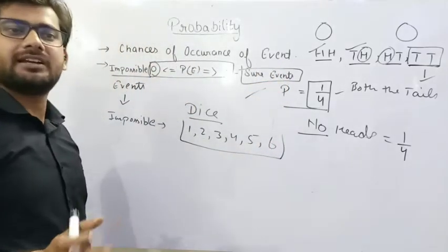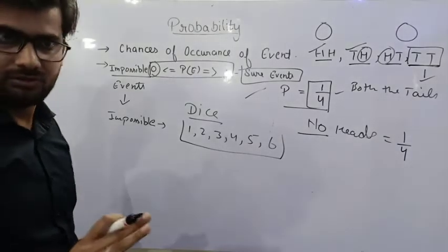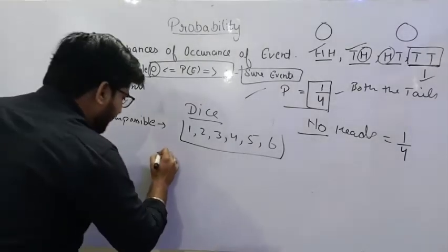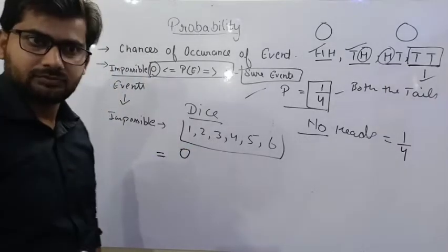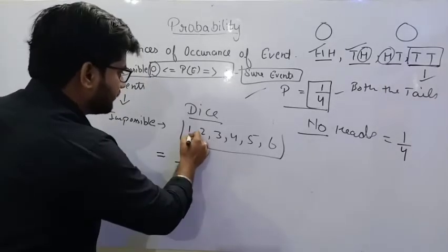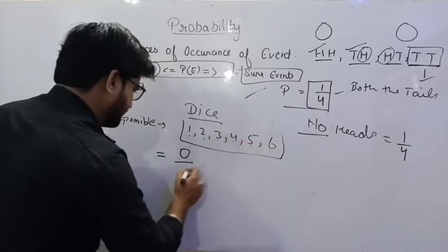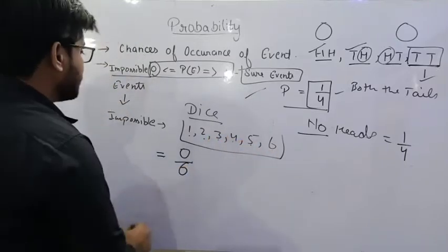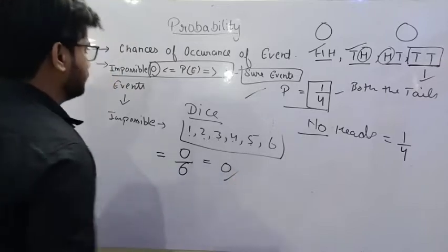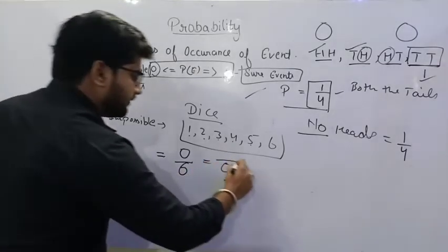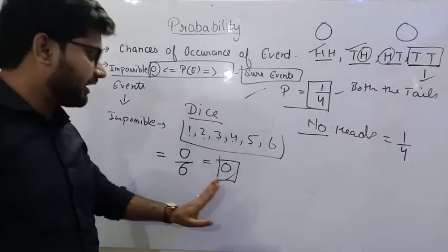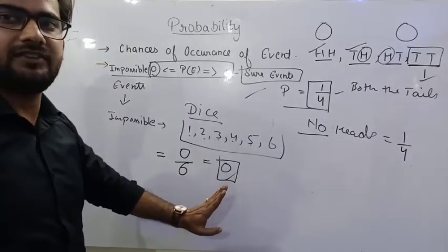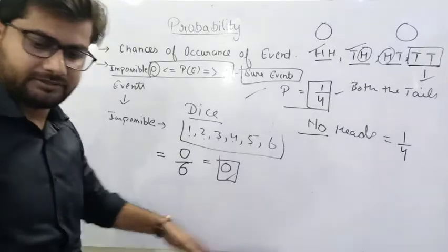A dice does not contain any value that is 0. So we can write here favorable outcomes is equal to 0, and the total outcomes 1, 2, 3, 4, 5, 6 is equal to 6. So the probability will be 0, and this event will be an impossible event. It means there is no such event possible in probability. That's why we are naming it an impossible event.